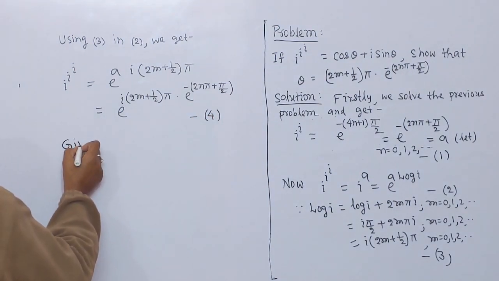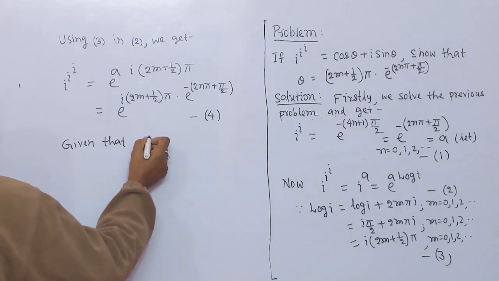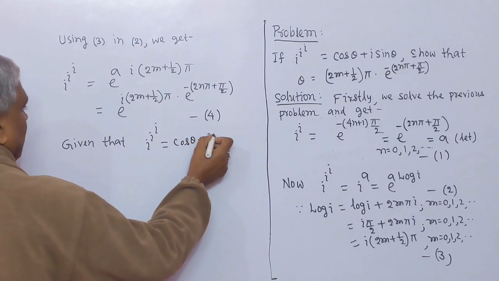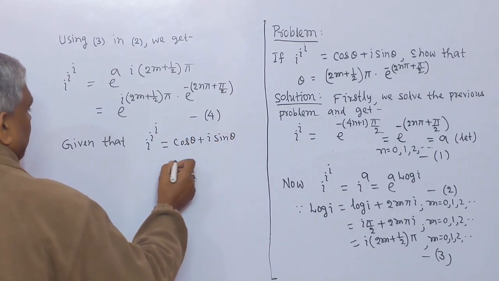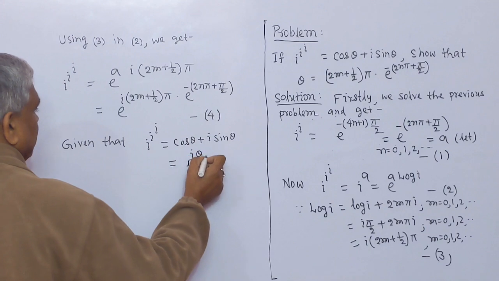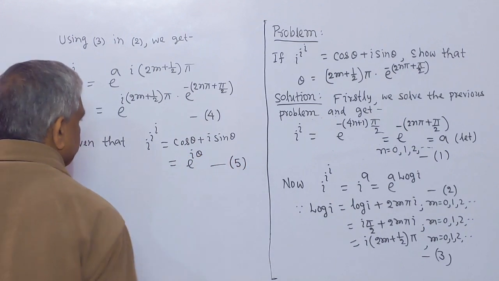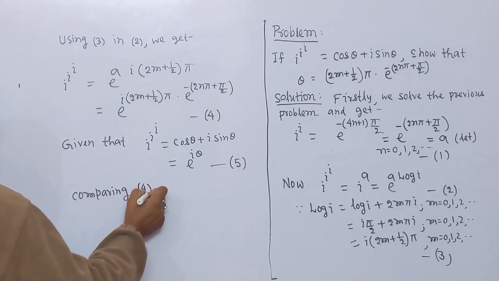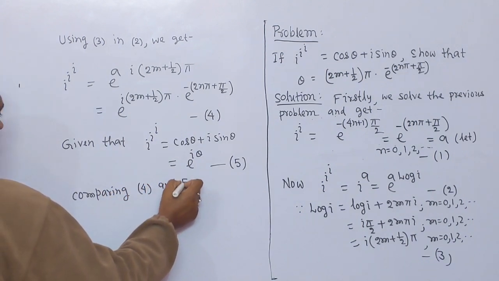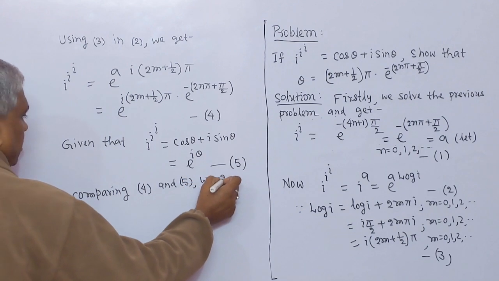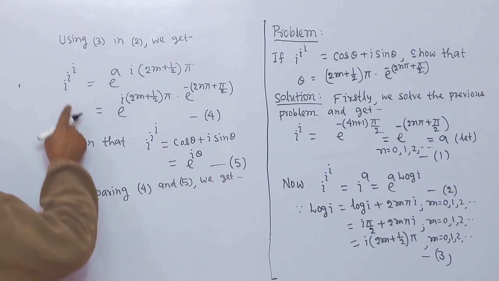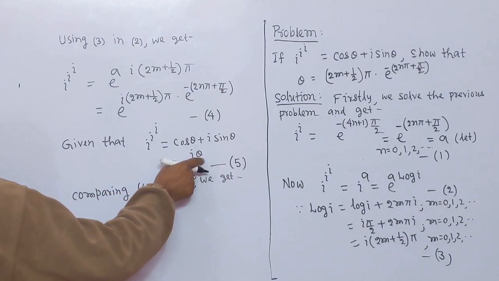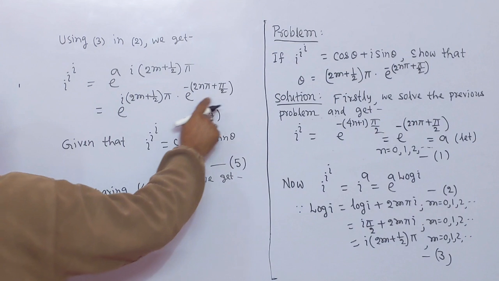Given that i to the power i whole to the power i equal to cos theta plus i sin theta, and this is equal to e to the power i theta. This is number 5. Comparing 4 and 5, we get here left side same, and then in right side theta will be equal to this part.